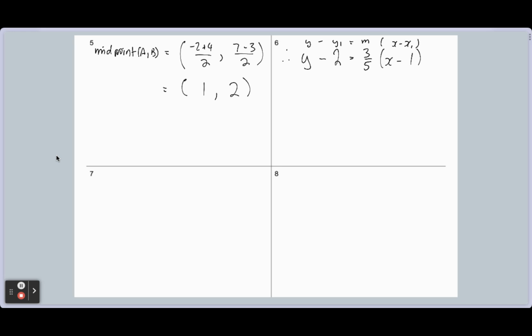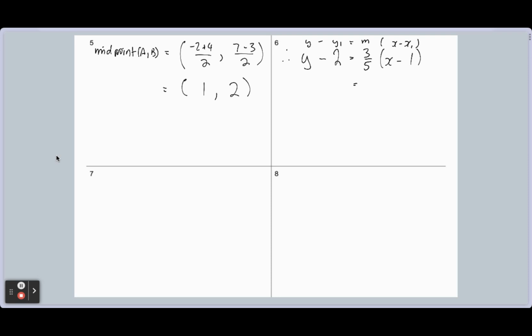We've got a point, we've got a gradient, and we're good to go. Technically speaking, you could leave it like that because it's in a recognized form, point gradient form. But I'd personally feel more comfortable expanding it and putting it into y equals mx plus c. It doesn't take very long, and it's often a much more universally accepted form for the equation.